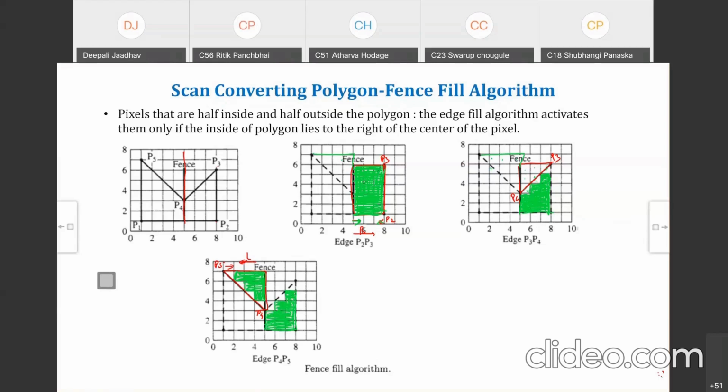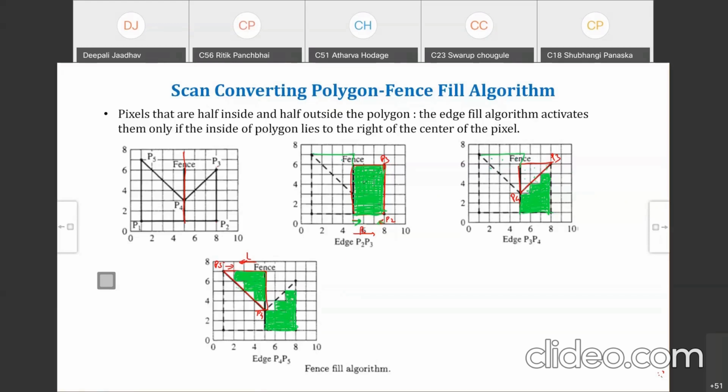You can observe here that the number of pixels visited is less than in the simple edge fill algorithm. Now these pixels are not activated. Why? Because the inside of the polygon lies to the left of the intersection. So these remain as they are. Only these pixels are complemented with the polygon color.